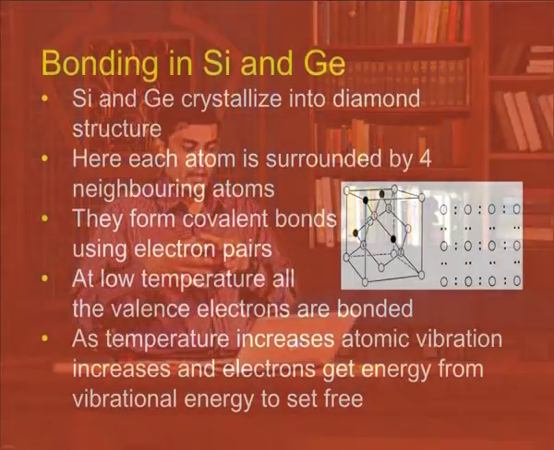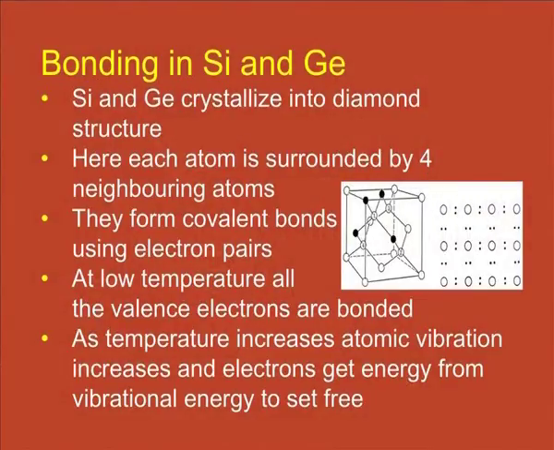In a diamond-like crystal structure, each atom is surrounded by 4 neighboring atoms, and these atoms are bonded with each other by covalent bonds, which are formed by a pair of electrons sharing the electron from their parent atom. Now, at low temperature all the valence electrons are bonded, but as temperature increases, atomic vibration also increases and electrons get energy from the vibrational energy to set free.